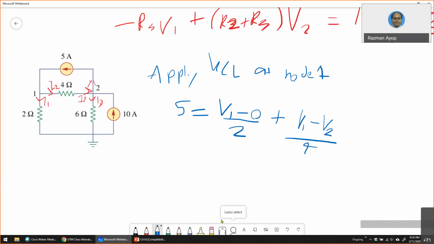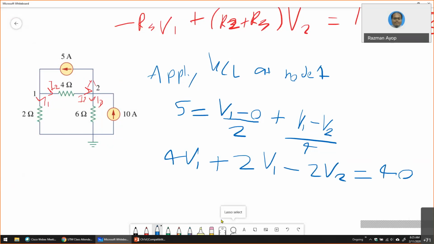Then you have to change it to the standard form. So for V1, you multiply this and this. Then multiply this and this. Plus 2V1 minus 2V2 equals to, if you combine this, you get 8. 8 multiplied by 5, so 40. Actually, you can simplify this.